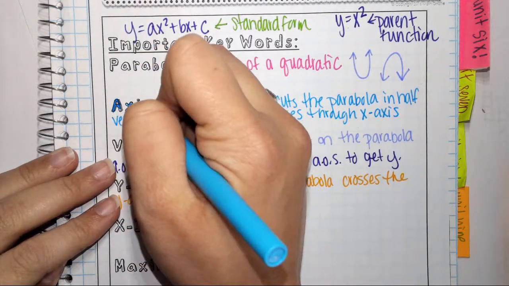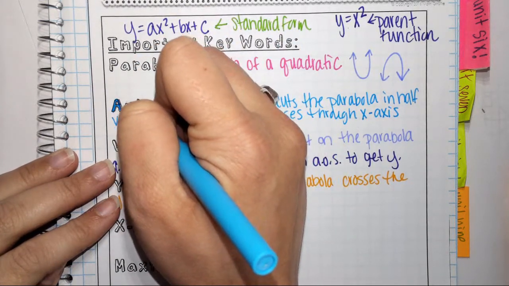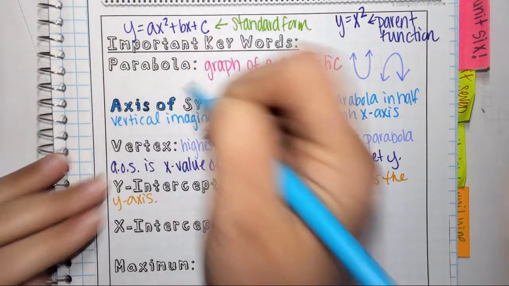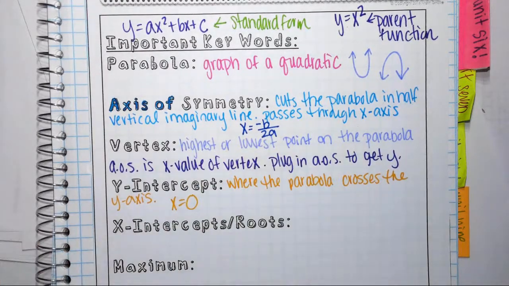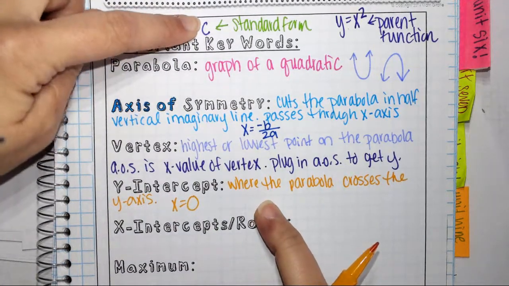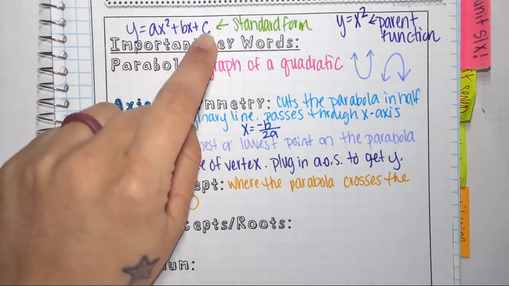It's the same thing as when you have a linear. What did x equal in a linear when we had our y-intercept? 0. Take a point. So x equals 0. Your y-intercept, when it's in standard form, is also c every single time. So if I give you an equation in standard form, look for the constant.